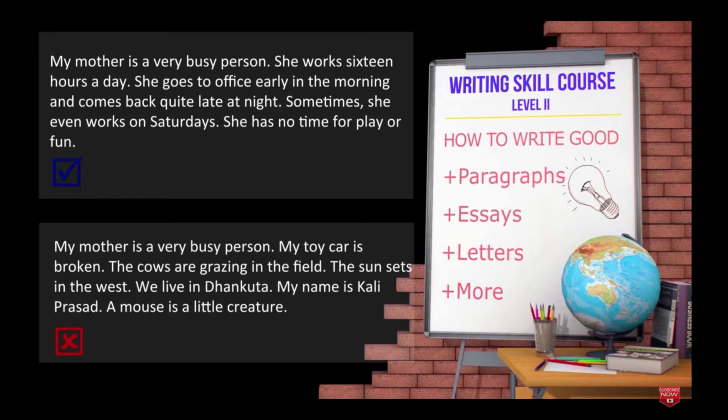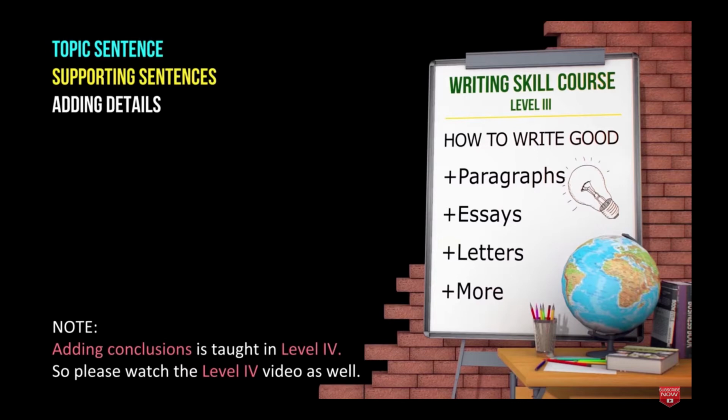In fact, each sentence in the second paragraph talks about a different topic, which is really a bad idea. So, a good paragraph focuses on a single topic or idea. Remember that. Today, we shall learn about 3 very important components of a paragraph: topic sentence, supporting sentences, adding details.